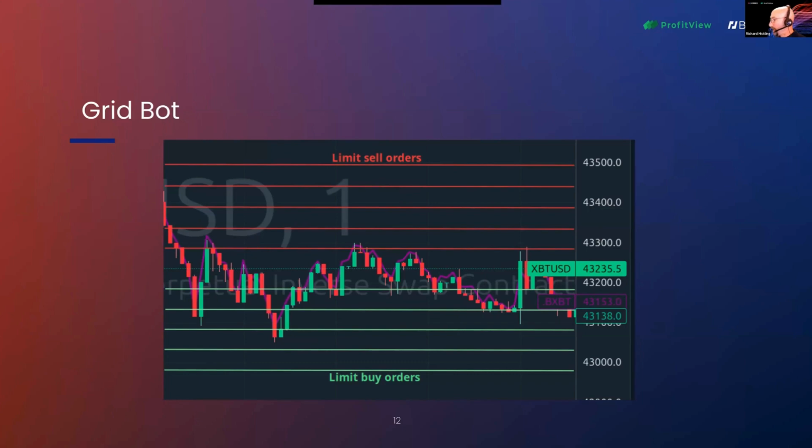And so the idea is, as prices move upwards, you'll start to sell out, and then as they go down, you'll buy, and you'll get the difference as the P&L you'll gain from the bot. So I've got one running right now, and I'm going to show you that.